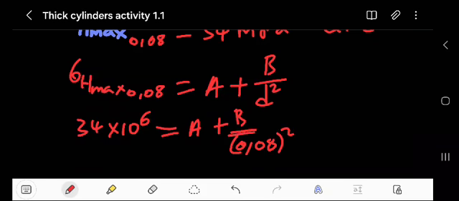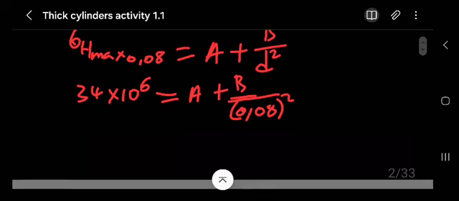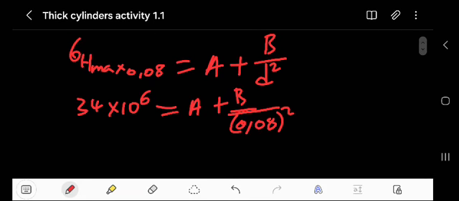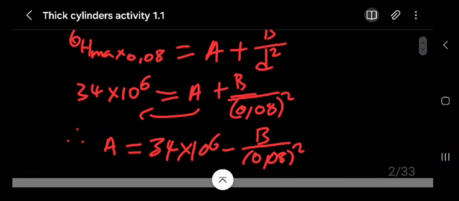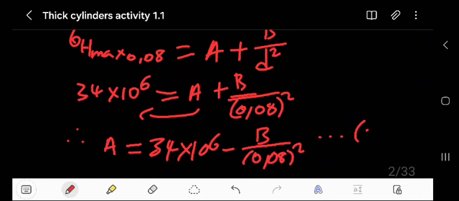You square this, then you can make A the subject. You take this to the other side, so A will be equal to 34 times 10 to the power of 6 minus B into 0.08 squared. Therefore this is equation 2.